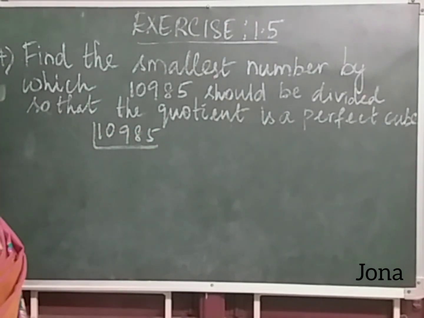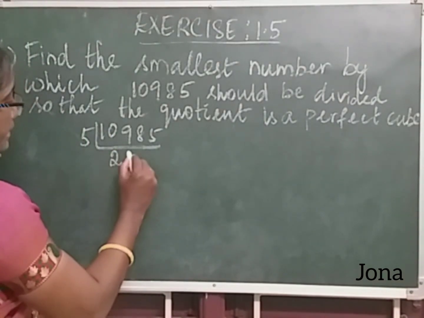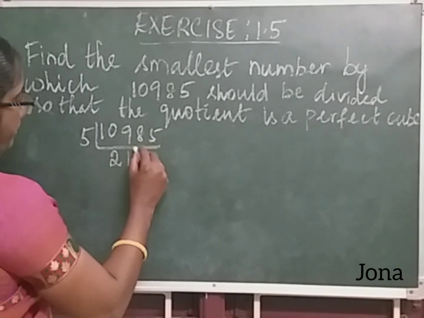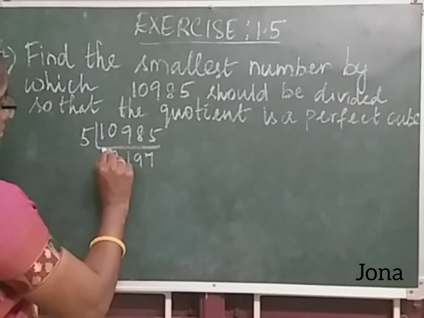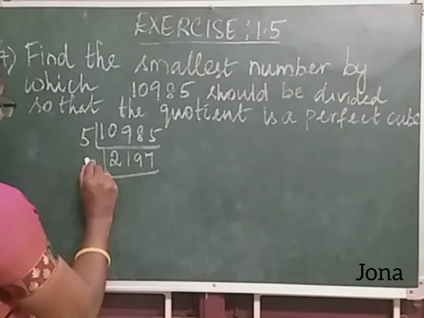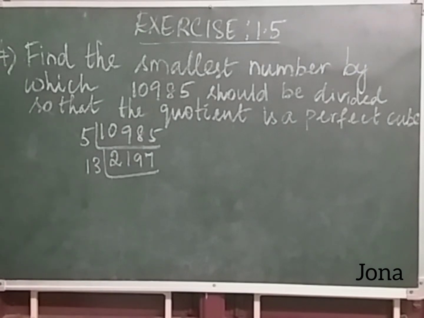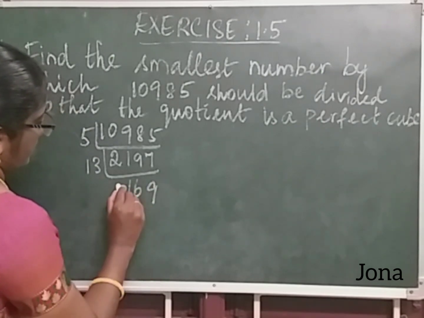10,985. I can divide this by 5. So 2197. Again I can divide this number by 13, 169.